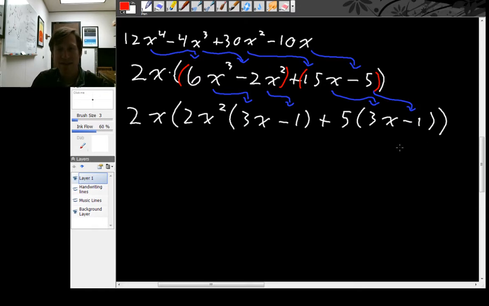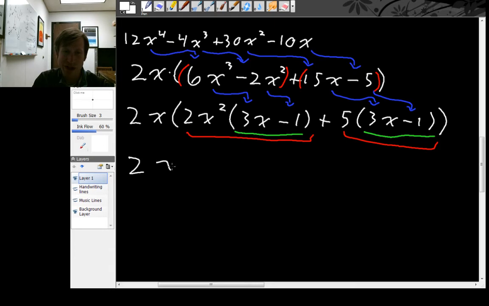Okay, now we have to see if there's a common factor that we can factor out from these two terms. And sure enough, there is a common factor. The common factor is 3x minus 1. So let's factor out the 3x minus 1. So the 2x is going to stay put.